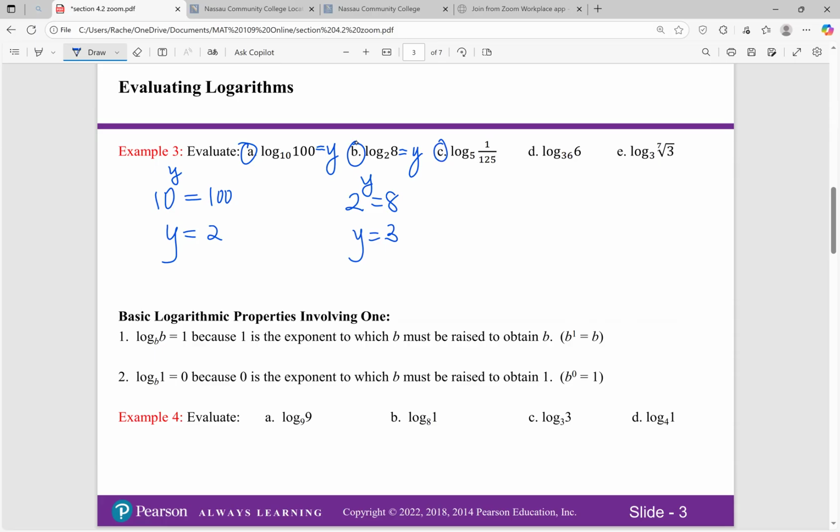We can have a fraction, so x could be a fraction. So let's write this in exponent form. Set this equal to y. So we have 5, that's my base, to the y is equal to x, which is 1 over 125.